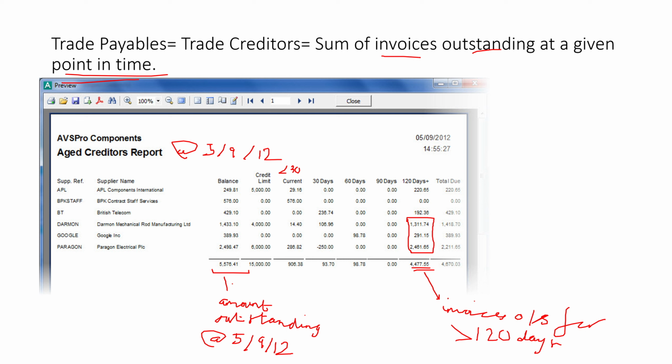Okay, so if this is 1, it's going to be the same as 2 plus 3 plus 4 plus 5 plus 6. If you don't believe me, you can get your calculator out and try.